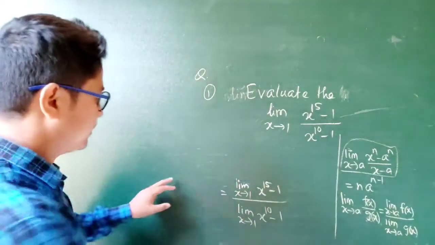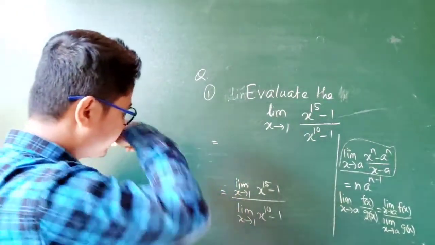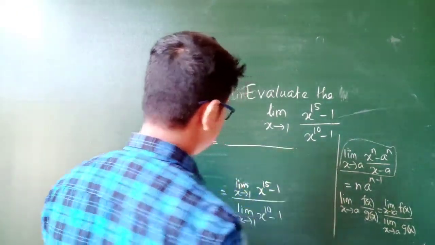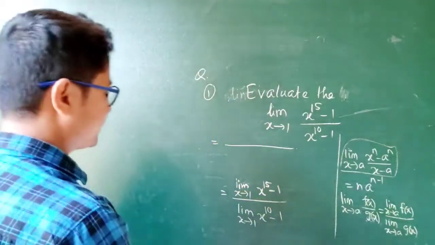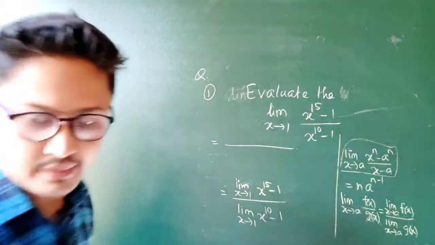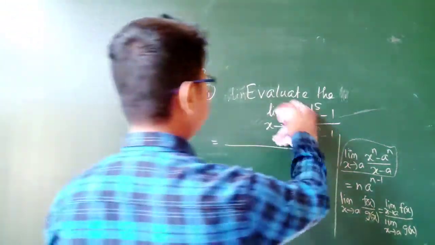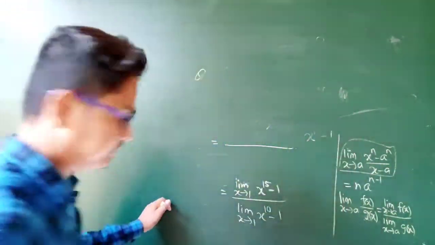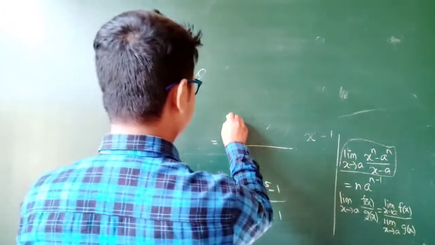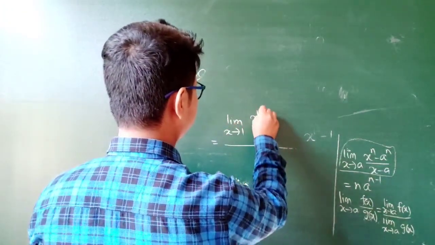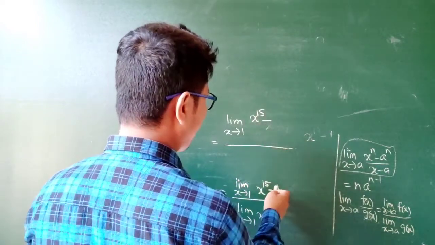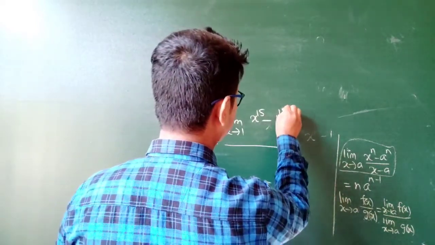Now from here, the numerator can be converted to this structure in this way. Just follow me how we convert it. Limit x tends to 1, x to the power 15 minus, so 1 can be written as 1 to the power 15, right?